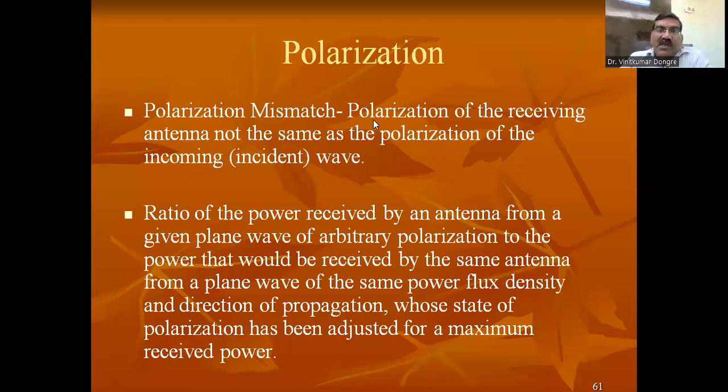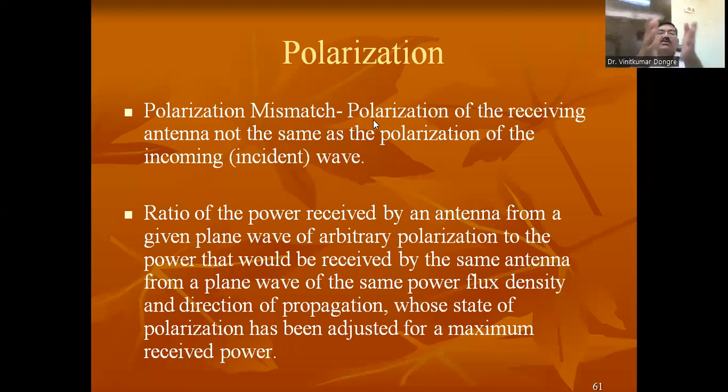Polarization matching is the ratio of the power received by the antenna from a given plane wave of arbitrary polarization to the power that would be received by the same antenna from a plane wave of the same power flux density and direction of propagation, whose state of polarization has been adjusted for maximum received power.